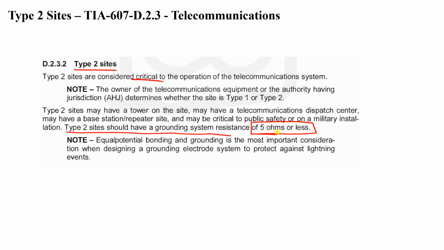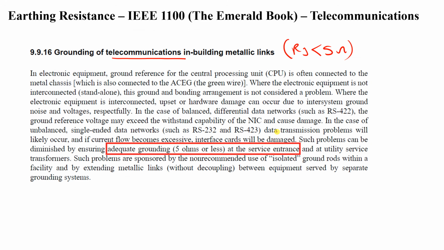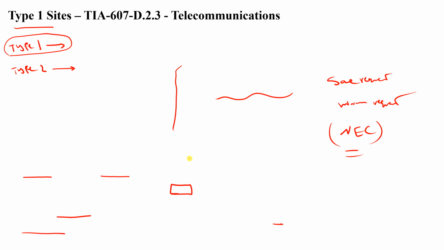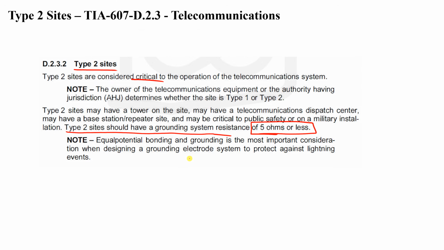This value is the same as the value recommended in the Emerald book of IEEE. Great. Now it tells you that the one who decides type 1 or type 2, or even for the data centers F0, F1, F2, it is not me, it is the owner of the telecommunication equipment who determines whether the site is type 1 or type 2.